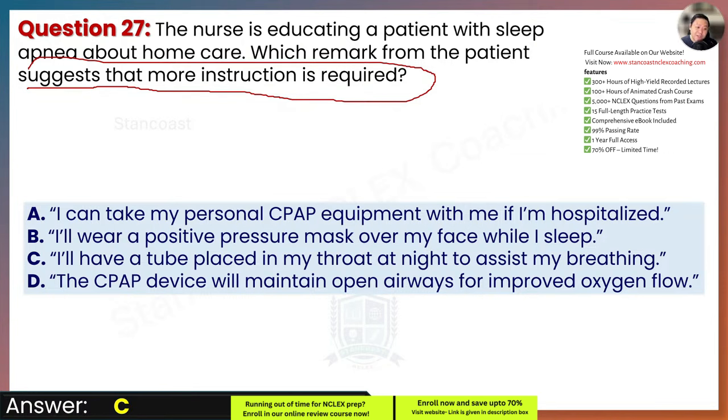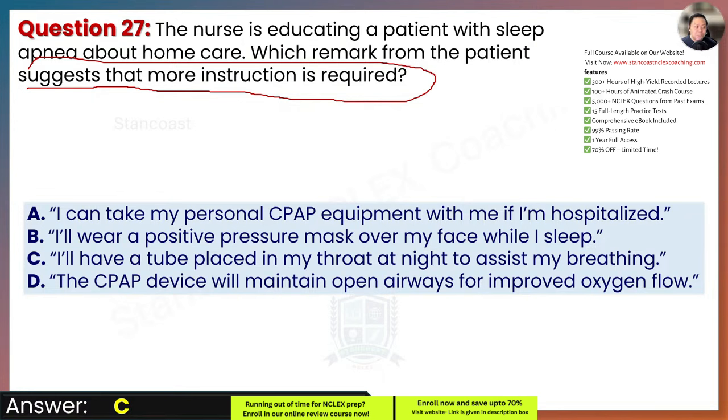The mention of a tube in the throat suggests the patient is confusing CPAP with more invasive treatments like tracheostomy or maybe endotracheal tube, which require a tube in place in the throat. In reality, CPAP uses a mask to provide positive pressure and does not involve any invasive procedures. So this statement is a red flag showing that the nurse needs to clarify how CPAP works.